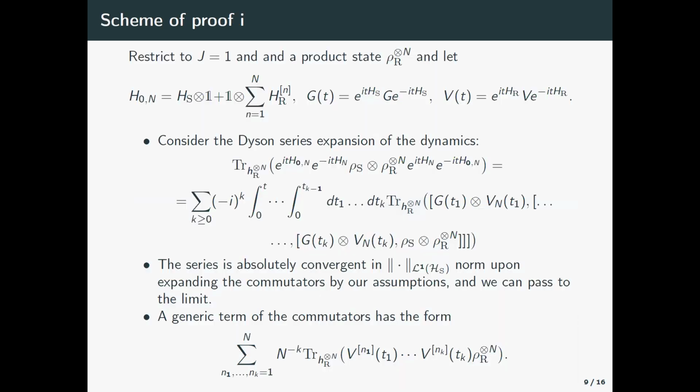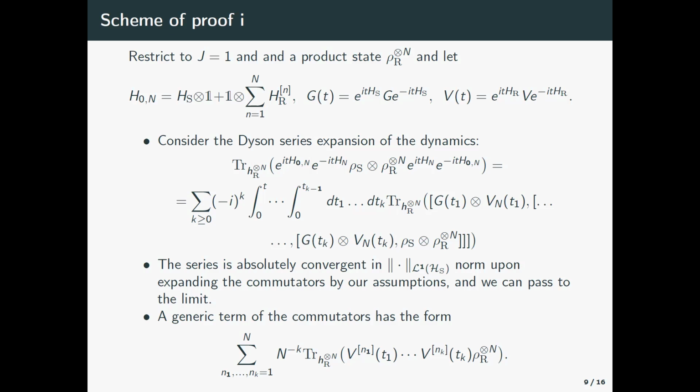The proof is trivial. One can restrict to just one operator and a product state, define time evolved operators, go to the Dyson series, and expand everything. We are doing something really easy: with our assumptions, everything is absolutely convergent. We expand each commutator and look at what kind of terms we get.